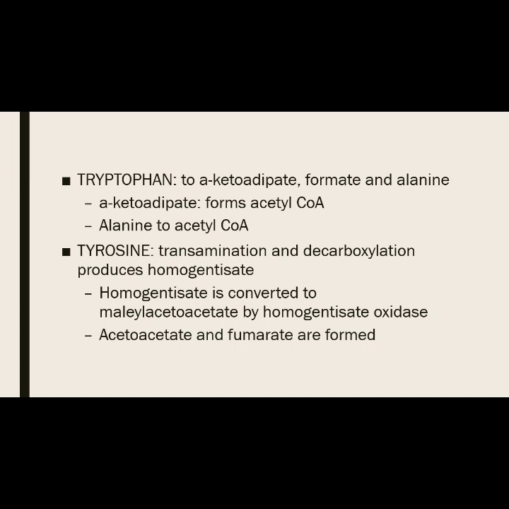The acetoacetate and your fumarate are formed from the maleylacetoacetate through isomerization and hydration reactions. These are intermediates in your citric acid cycle, your fumarate.